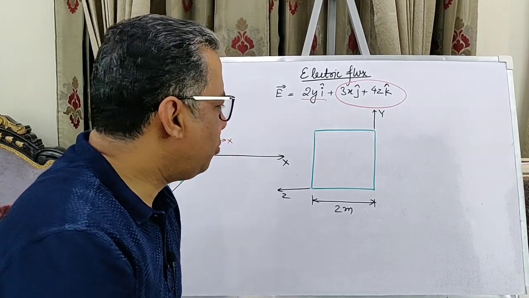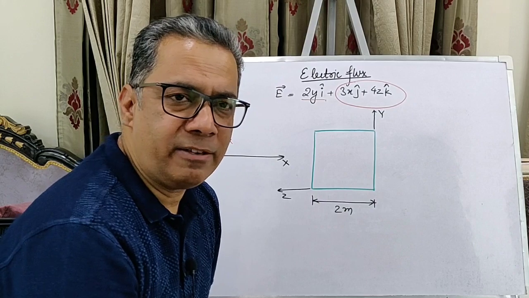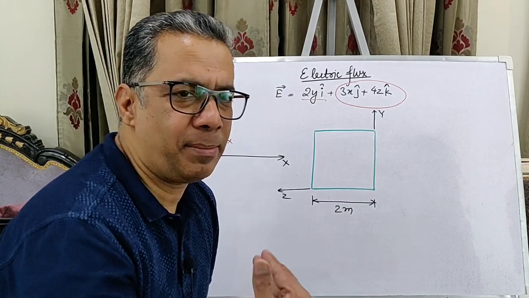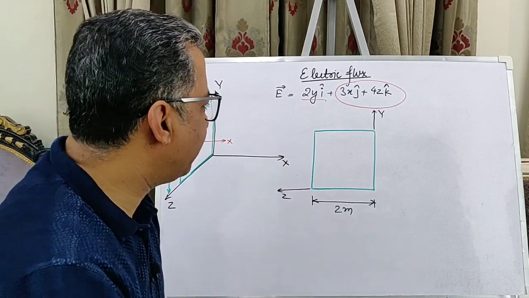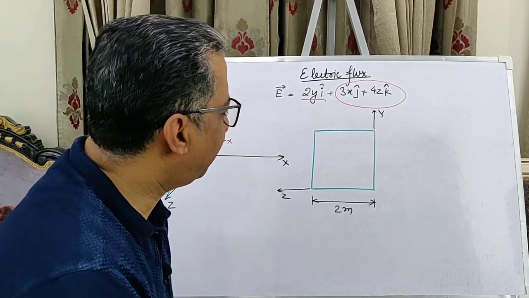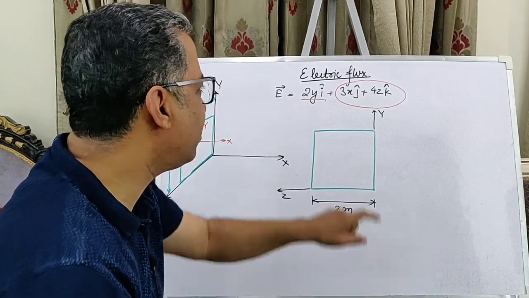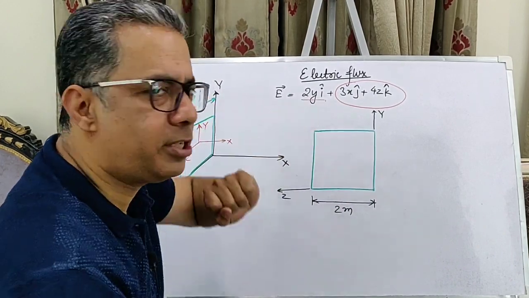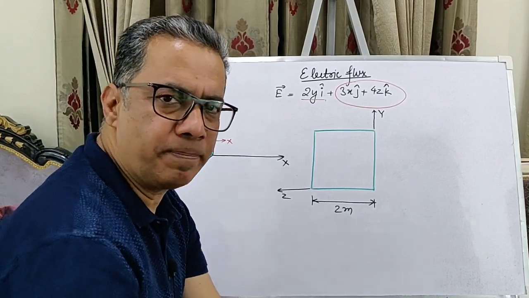So we need to have the largest possible area element for calculating flux through an element and then doing a summation later on. So what we should be doing is looking out for the largest possible area element in which electric field could still be assumed to be pretty much constant.